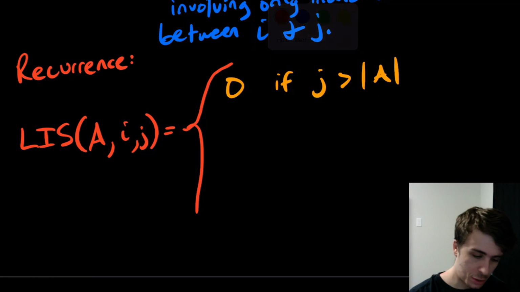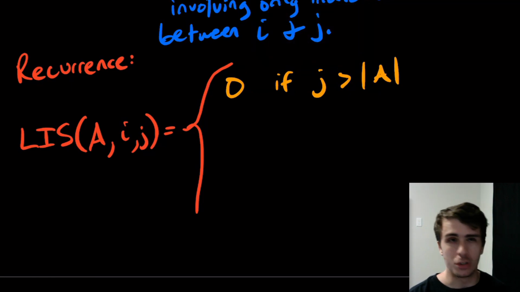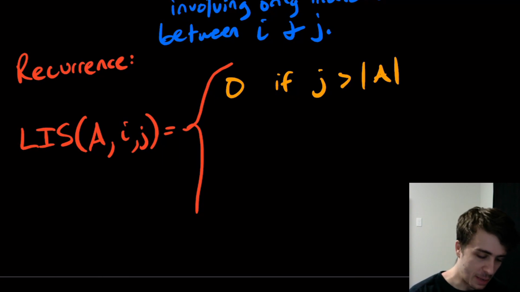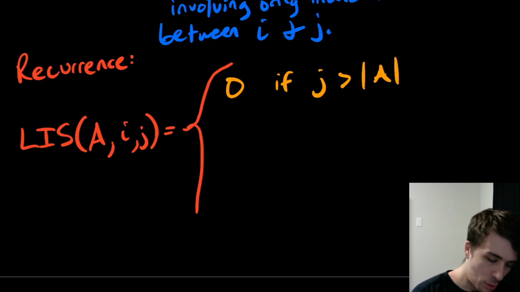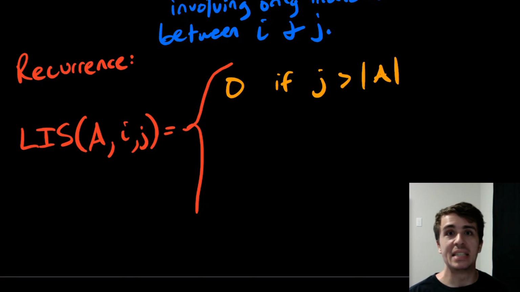There are several ways you can do this. Here's how we're going to do it. Let's think about this. Remember that it's an increasing subsequence. So, as we talked about before, if the element at index i is at least as big as the jth one, then I can't include index j here. So the answer is the exact same if we make j one bigger, because I can't include index j now.